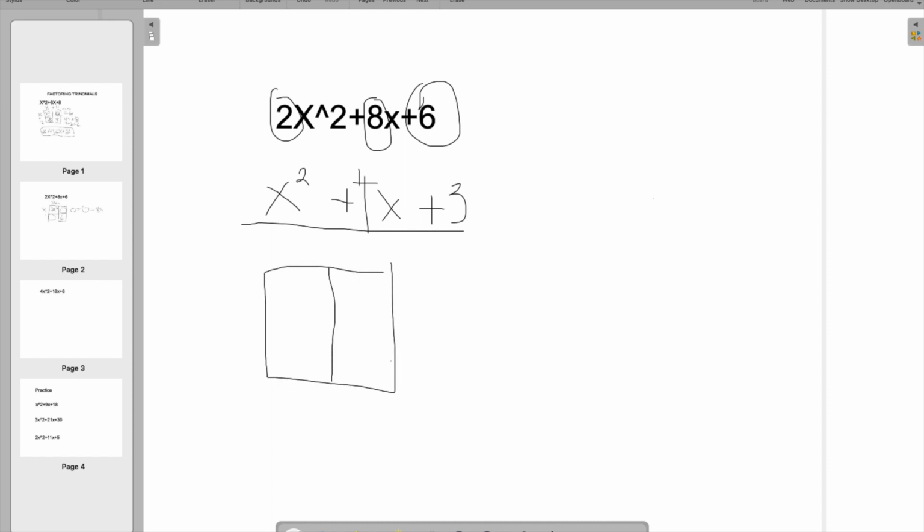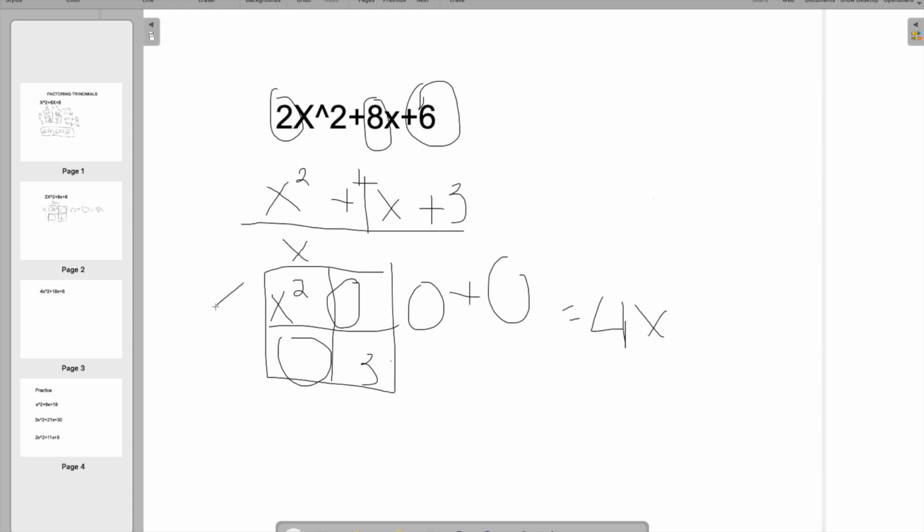And we're going to do the box method like the first problem. We're going to write x squared on the top box, 3 on the bottom box, and the 2 squares in the middle are going to be 4x. So we're going to write x up there, x down there, because x times x is x squared, and the plus signs.